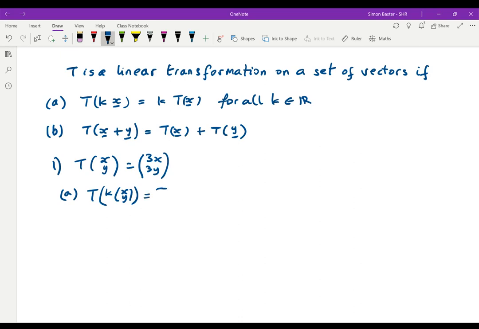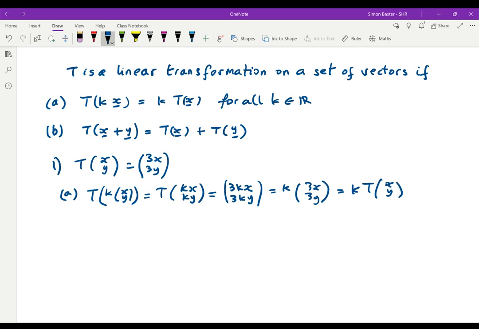Well, k times x, y is kx, ky, and the transformation T tells us to multiply the top part by 3 and the bottom part by 3. So let's do that. That gives us 3kx, 3ky, which I can write as k times 3x, 3y, which is k times T of x, y. And so condition A is satisfied.